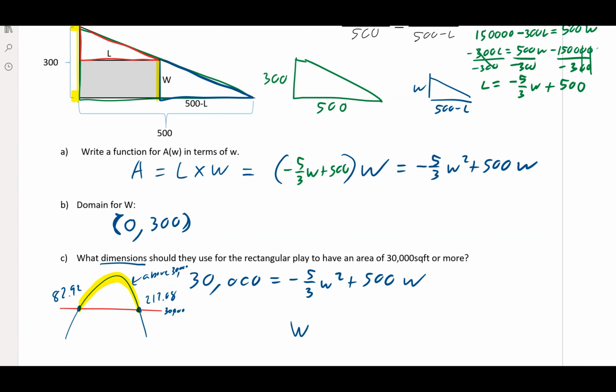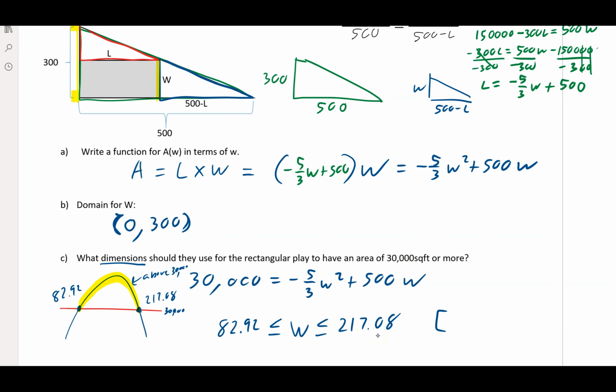We have our formula over here. So if you plug in the widths, it would give us the lengths. So we're going to just focus on our width. Our width needs to be between 82.92 and 217.08. And then you look and see, does it say more than? But it says of this or more, which means we use the inequality. If it had just said an area of more than 30,000 square feet, then we would just use that.